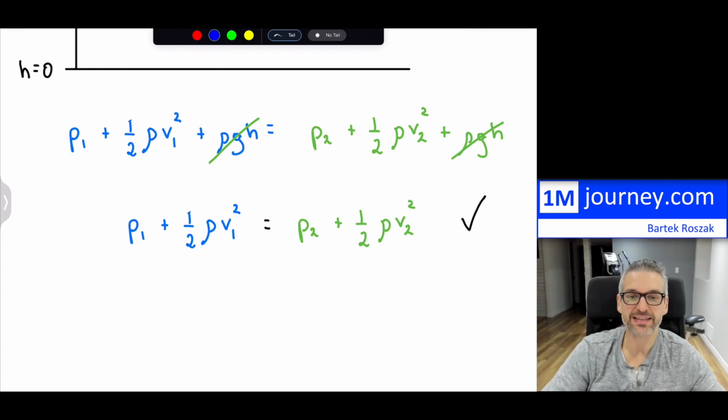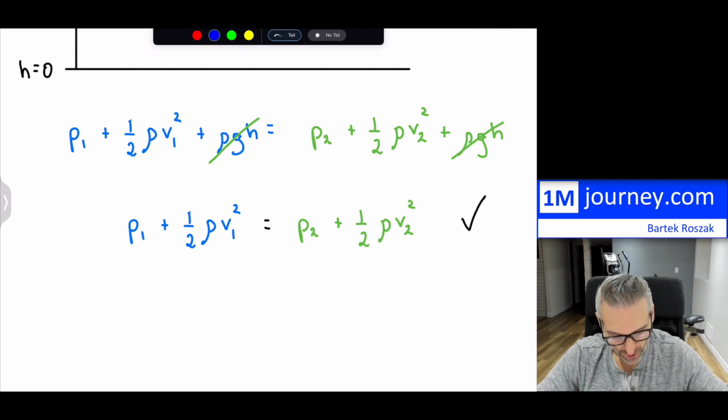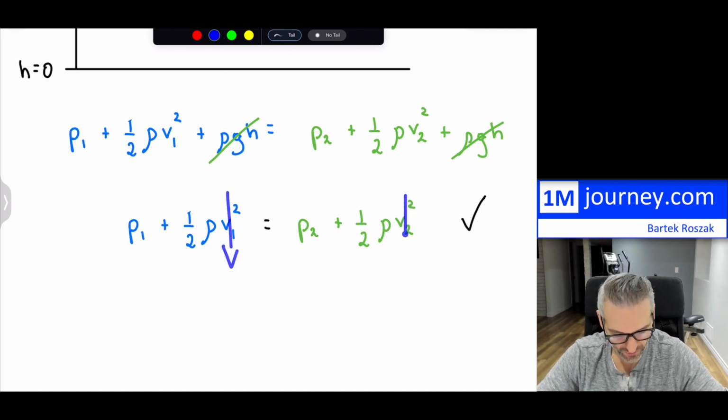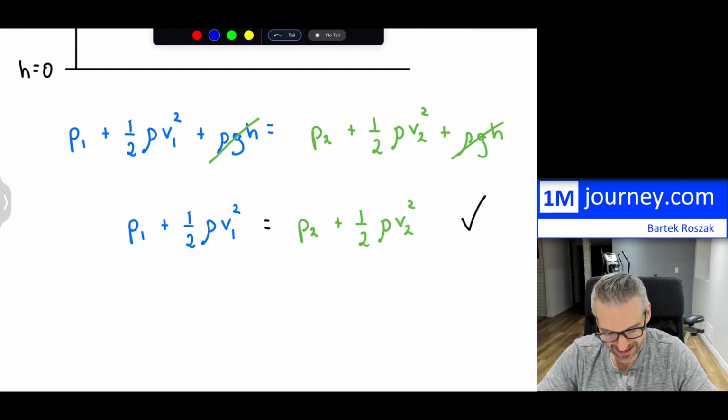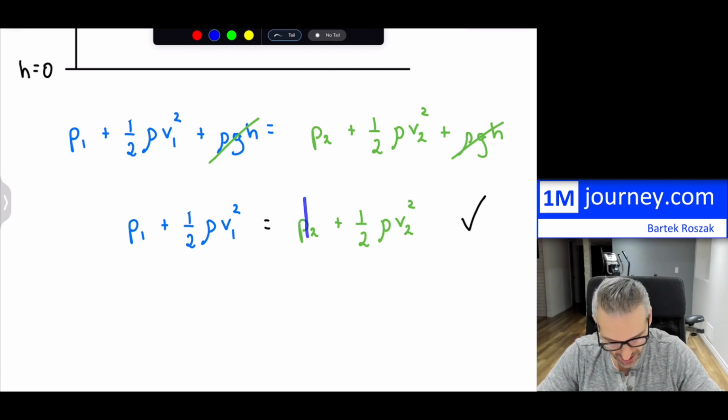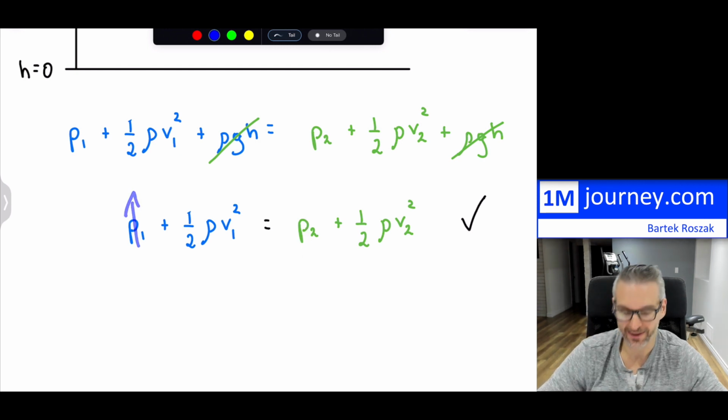And this really nicely captures for us that if we have the narrower tube, and this velocity goes up, since we know this one right here is slower than this one, then since the left-hand side and the right-hand side must equal each other, this pressure actually has to go down in comparison to this pressure over here.